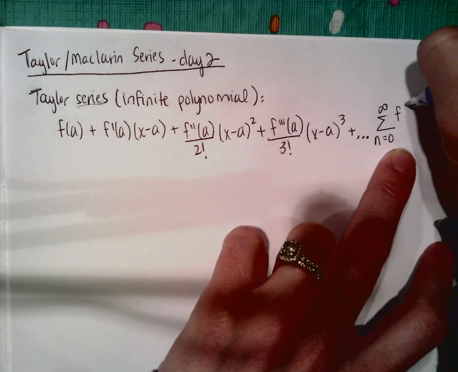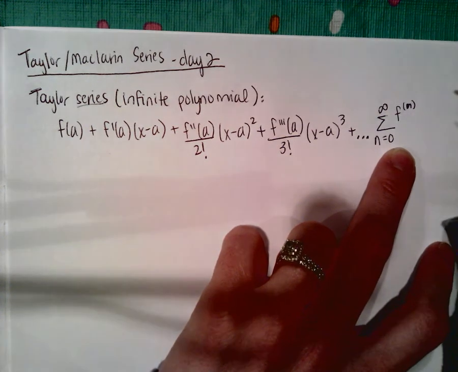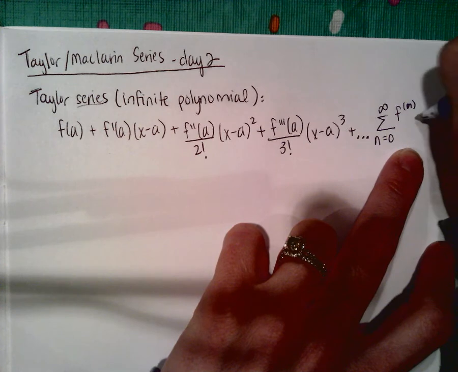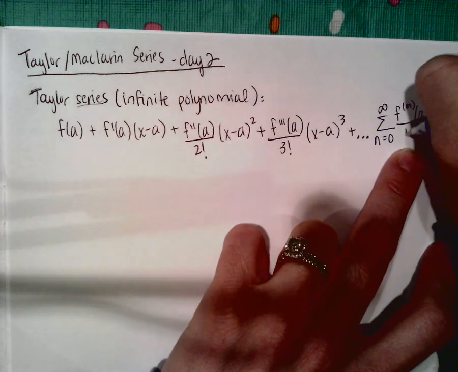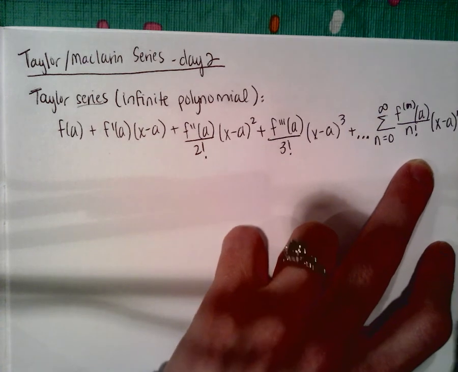So f, I'm going to put in parentheses, the nth derivative at a over n factorial times x minus a to the n.